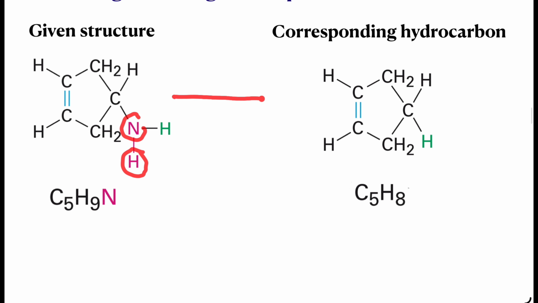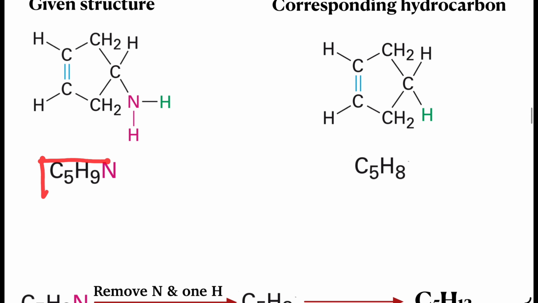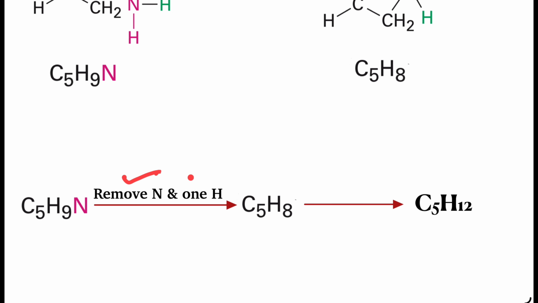You are converting the given structure into the corresponding hydrocarbon. So overall, you have to remove one nitrogen and one hydrogen if there is one nitrogen. This is the given molecular formula. This is the corresponding hydrocarbon. There is only one nitrogen, so you are removing one hydrogen. You can see initially there are 9 hydrogens, now there are only 8 hydrogens. So remove nitrogen and hydrogen.